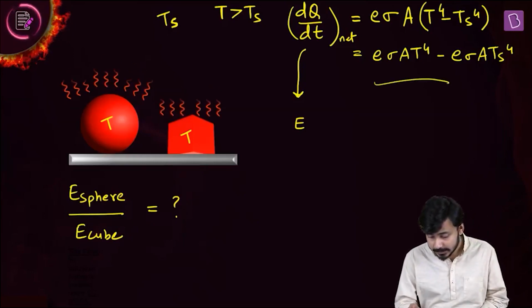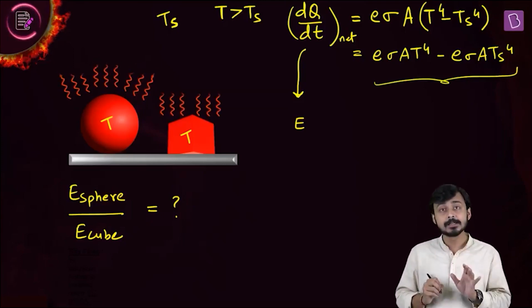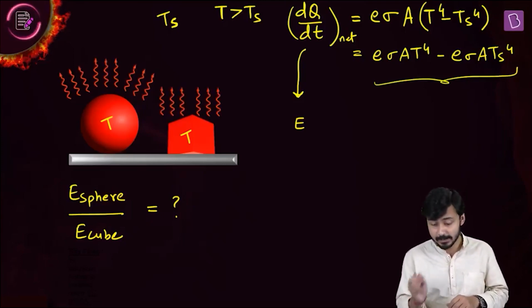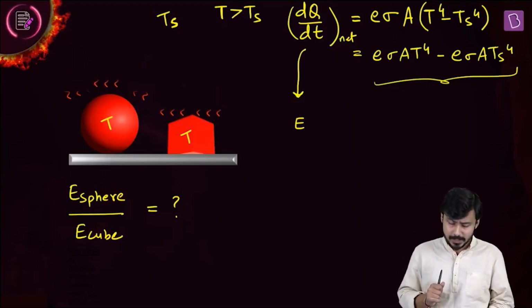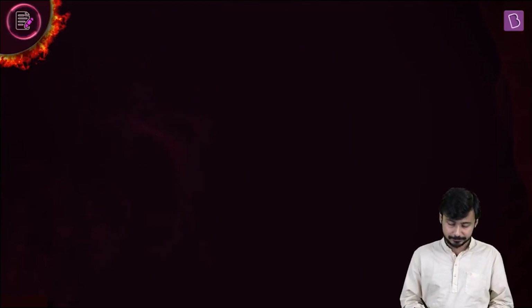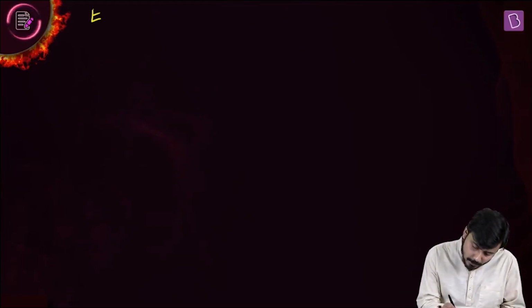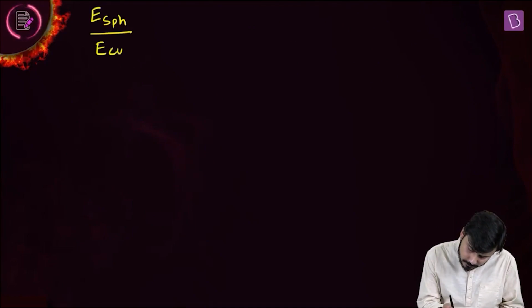And from Stefan's law, you need to understand that the formula for dQ/dt net is given by this above written formula. Now let's calculate E sphere divided by E cube.